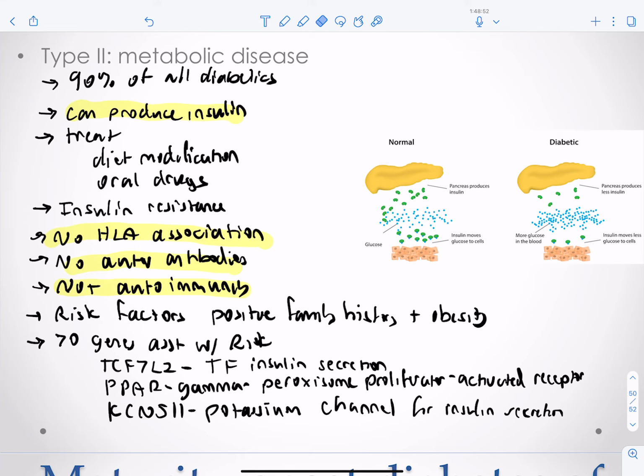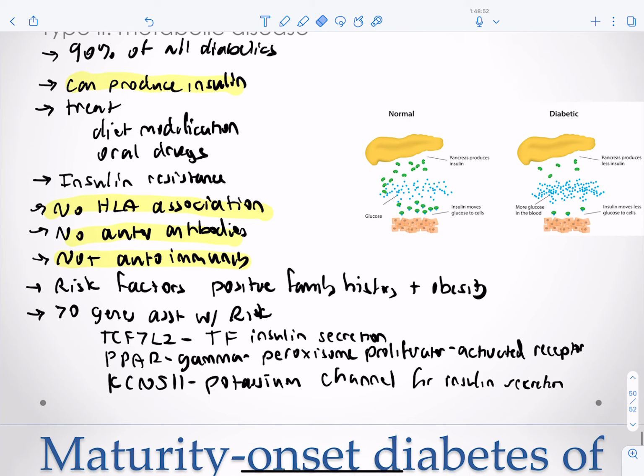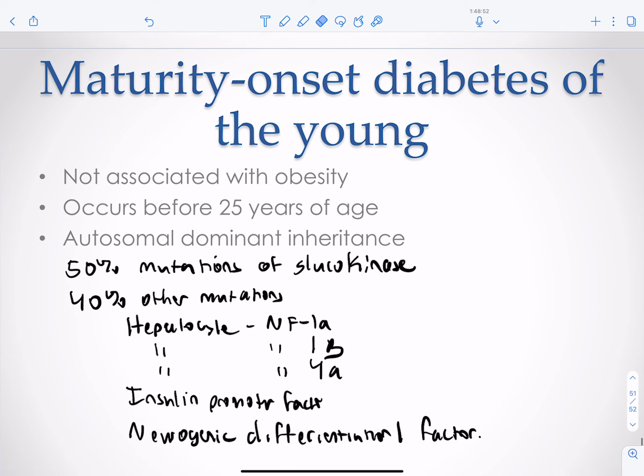You have your peroxisome proliferator gene. This is important for your receptors. You have potassium channels, which is very important for insulin secretion again. So mutations in the potassium channels can also lead to an increase of risk.